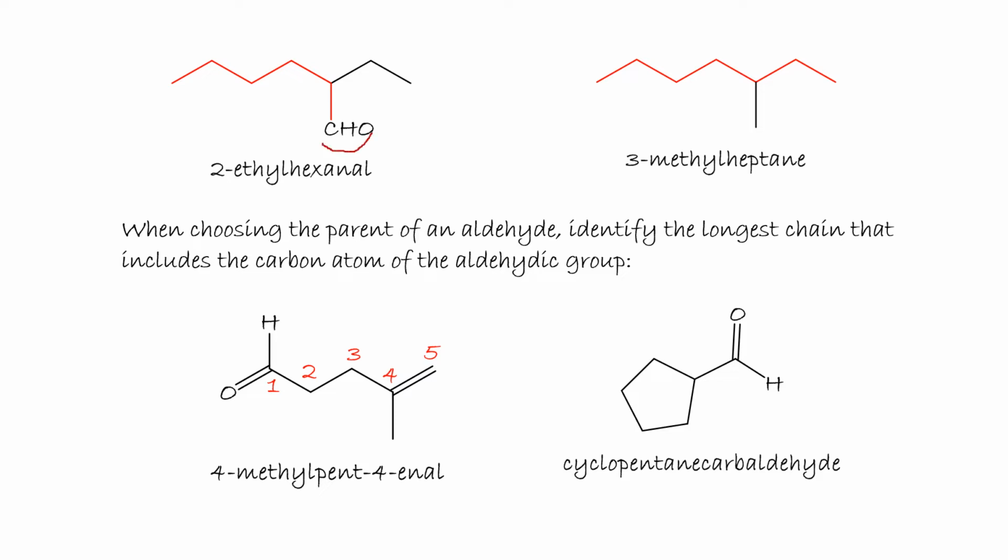So here we have to consider that this is a long chain containing the aldehyde. So it's hexane. Take the E out, it's hexanal. On carbon number 2, we have an ethyl group. So it's 2-ethyl hexanal.